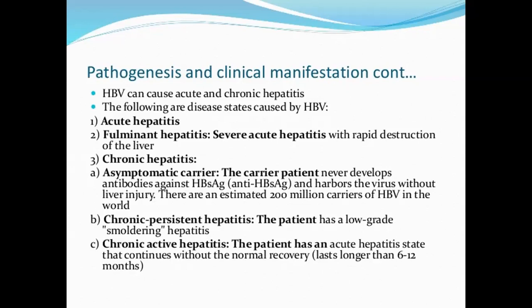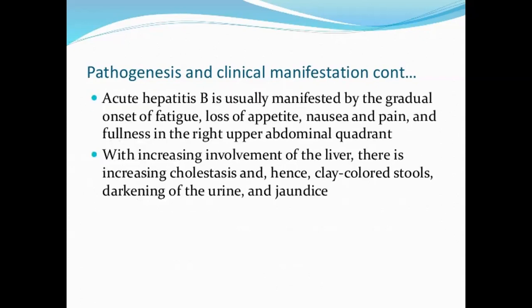Chronic persistent hepatitis, what occurs in it? The patient has a low-grade hepatitis, while in chronic active hepatitis, the patient has an acute hepatitis state that continues without the normal recovery, lasting longer than 6 to 12 months.